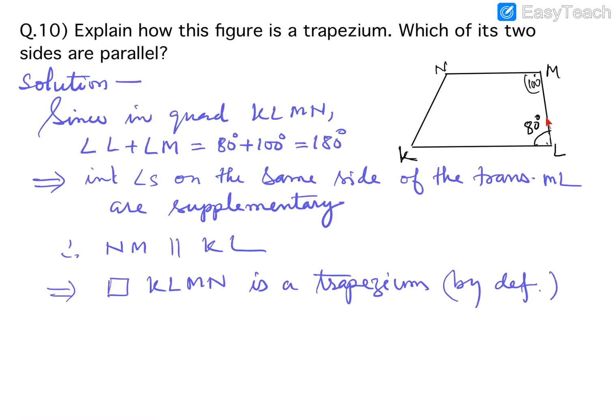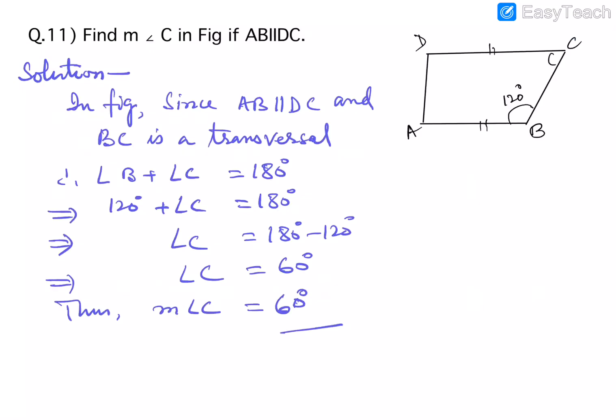If interior angles on the same side of the transversal are supplementary, then lines are parallel, and therefore NM will be parallel to KL. Since only one pair of this quadrilateral is parallel, so this is trapezium by definition.